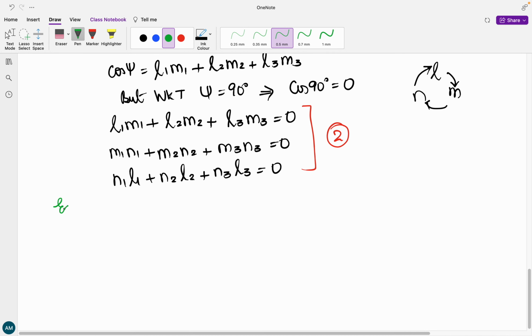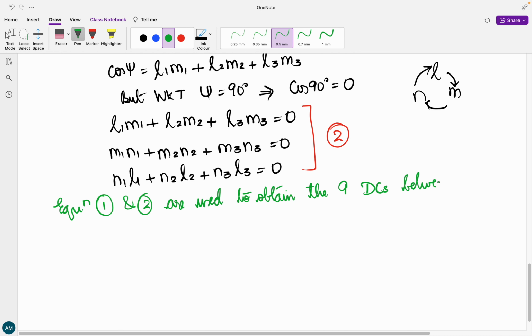So equations 1 and 2 are used to obtain the 9 direction cosines between two sets of axes. Okay, this is how we are going to find out the direction cosines between two sets of axes.